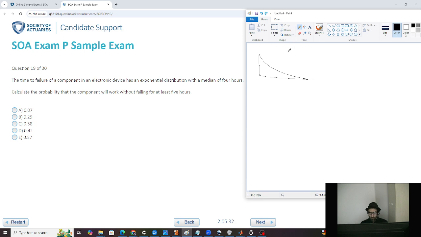We said 4 equals 0.69 times the mean, right? Relating mean to median. Four divided by 0.69 is going to be 5.80.